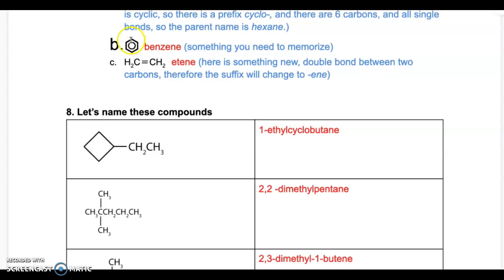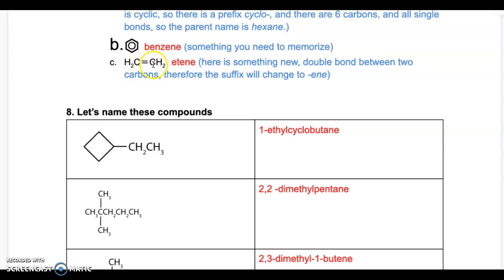The cyclohexane with the circle inside, or 3 double bonds inside, is called benzene. This is something you should memorize. This will be shown to you a lot. Example C are 2 carbons and they're attached to each other with a double bond, right?